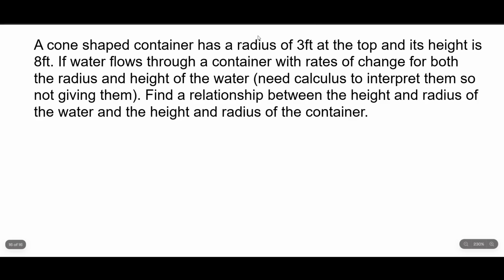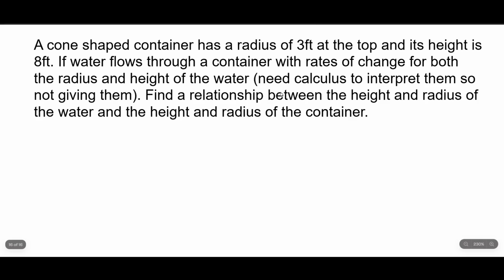A cone-shaped container has a radius of 3 feet at the top, and its height is 8 feet. Water flows into the container with rates of change for both the radius and the height of the water, but you would need calculus to interpret them, so I'm not going to give them to you. I think they're irrelevant for finding the relationship, because it's completely possible to do without them.